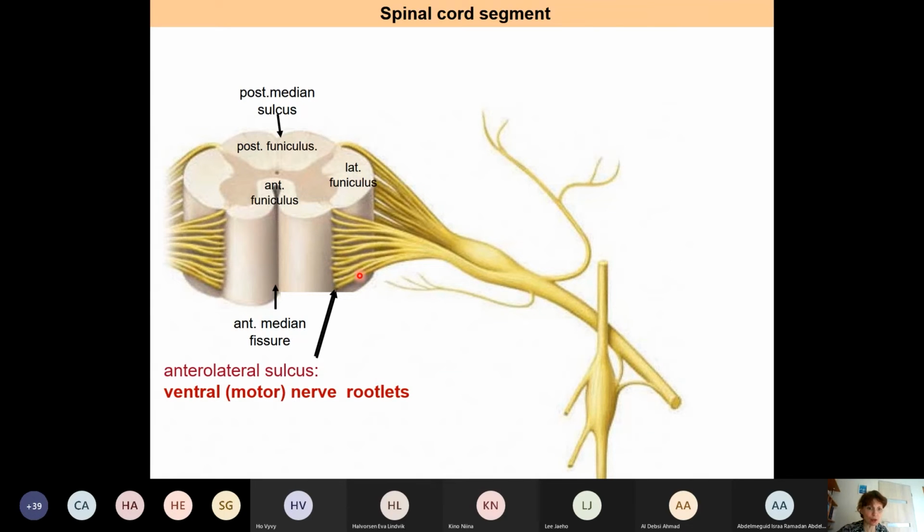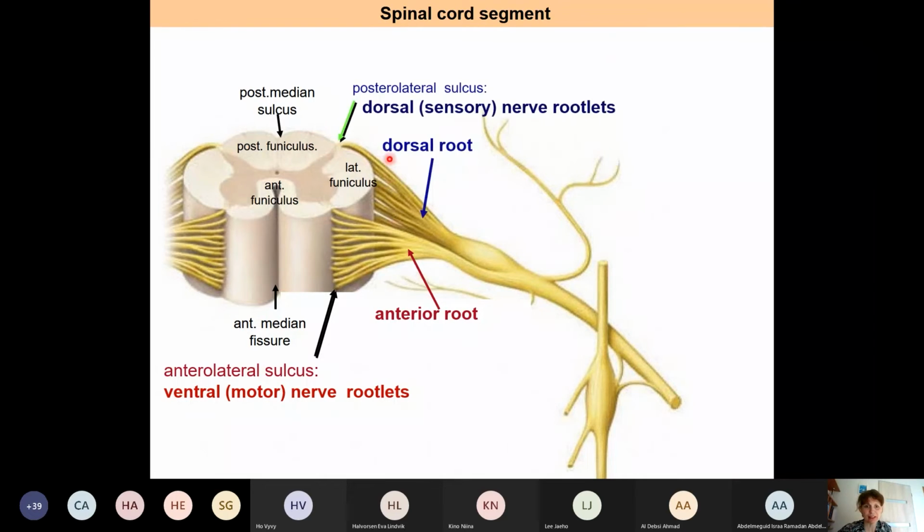And this is also called motor root, which is formed from these motor rootlets, because here will exit the motor fibers, motor axons. And so the anterior root is formed by about 8 to 12 anterolateral or ventral nerve rootlets.